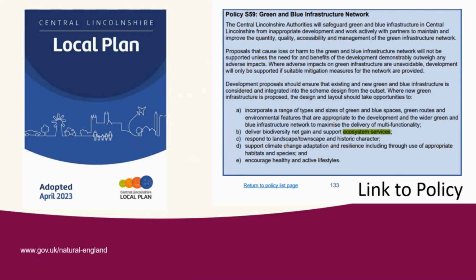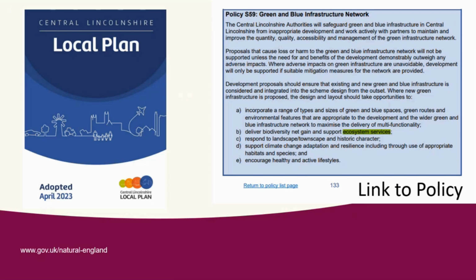So here you can see this is 2023 Central Lincolnshire Local Plan, and helpfully here you can see the policy there under a green infrastructure heading, makes reference to biodiversity net gain and support for ecosystem services.